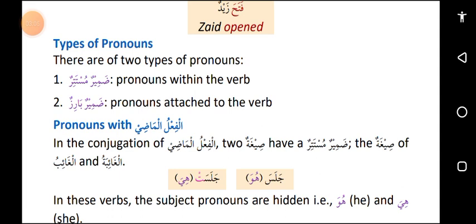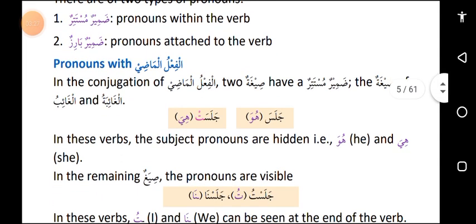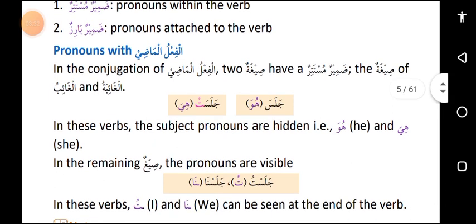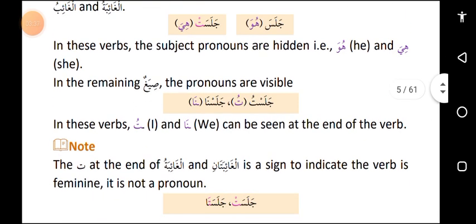The first one, wahid muzakkar ghaib, has a dhamir mustatir, which is a hidden dhamir present inside the fa'ala sigha, and the fourth sigha, which is fa'alat, also has a dhamir mustatir. All other sighas have dhamair bariza.